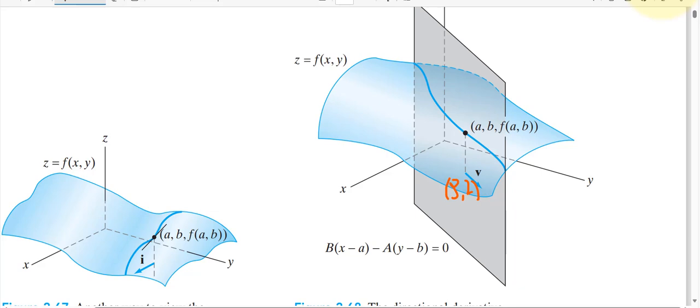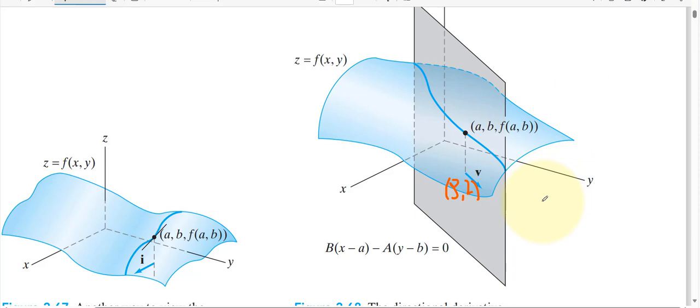So if we're talking about the error function as the surface, and we want the error to decrease as much as possible, when we make a change, remember these would be the weights. When we make a change in the weights, we want the error to decrease as much as possible. It's the gradient that will tell us what direction to go to make the biggest change.